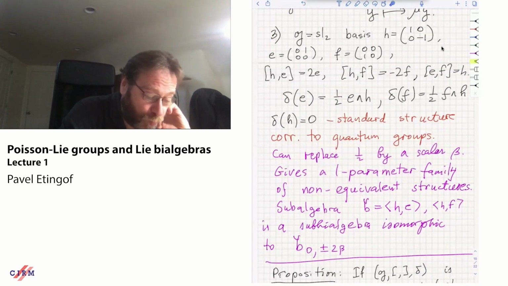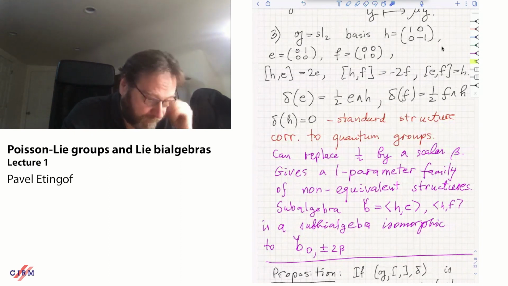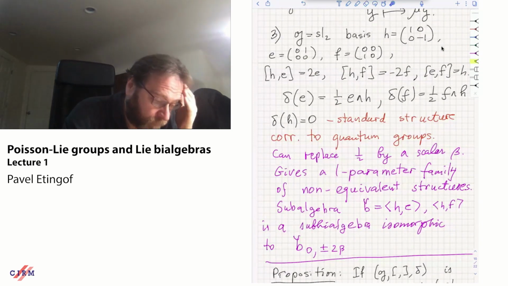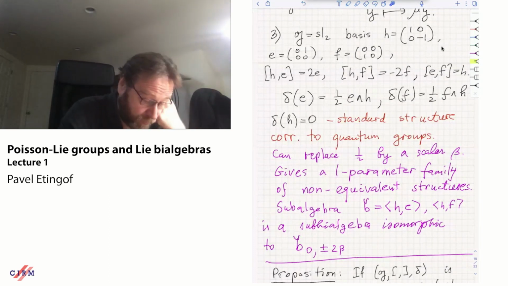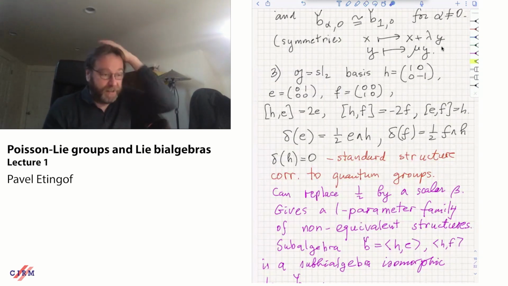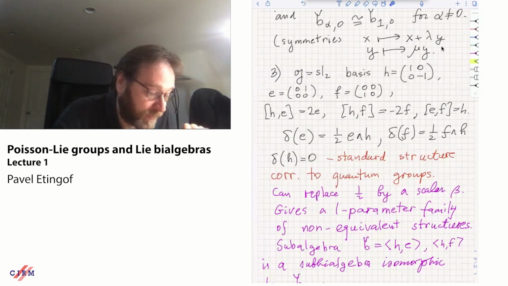This has two-dimensional sub-bialgebras generated by H, E and H, F, and those are isomorphic to B0 plus or minus 2 beta. The first one will be minus 2 beta and the other is plus 2 beta. These Lie bialgebras are semi-classical limits of quantum SL2, and that's why this is a kind of prototypical example.